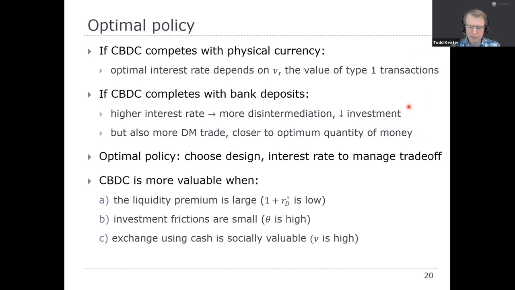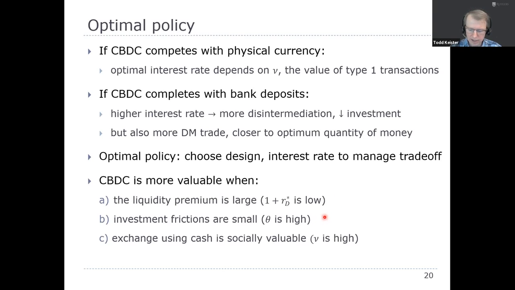First, thinking about the key parameters, introducing a CBDC is going to be more valuable when the current liquidity premium is large. So if the quantity of productive projects is relatively small, and that means that the current supply of money provided by the banking system is far from the optimum, then introducing a CBDC is going to be more attractive.